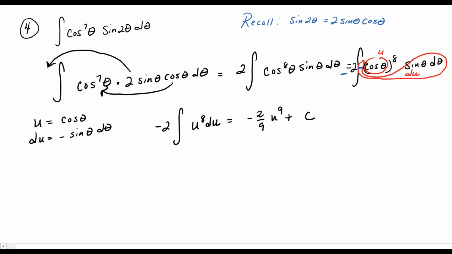Now I can back substitute. I have negative 2/9, and instead of u, I'm going to write cosine to the 9th power theta, plus c.